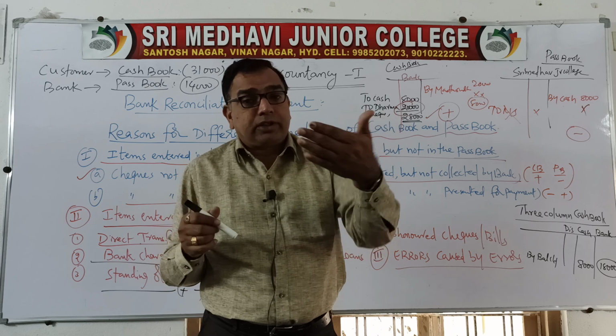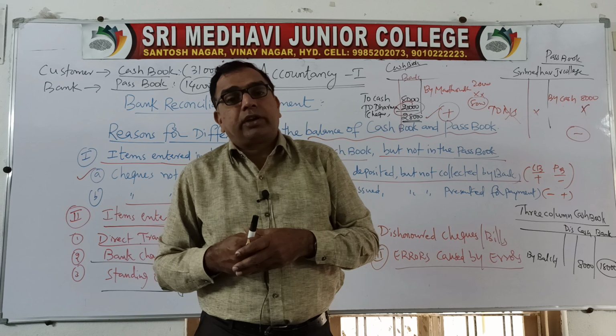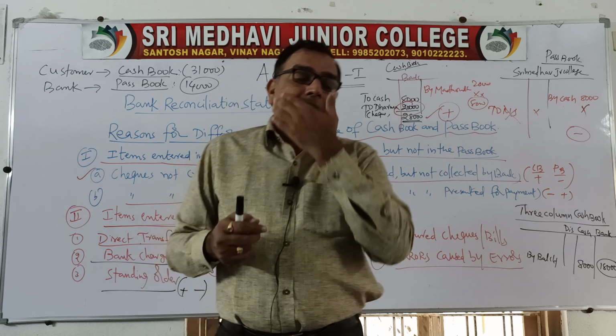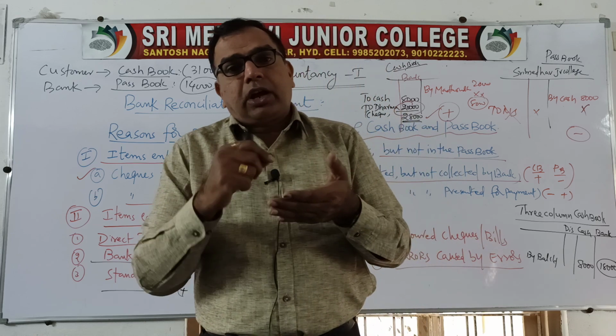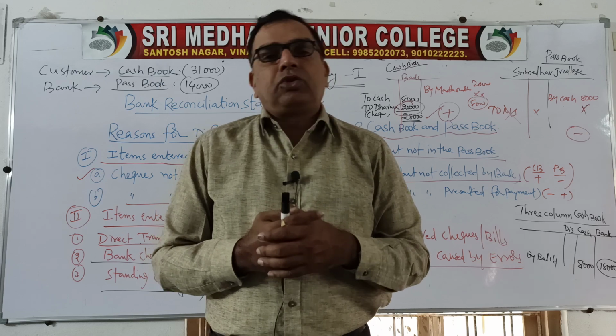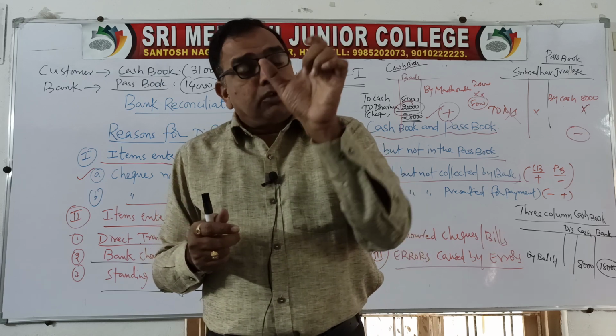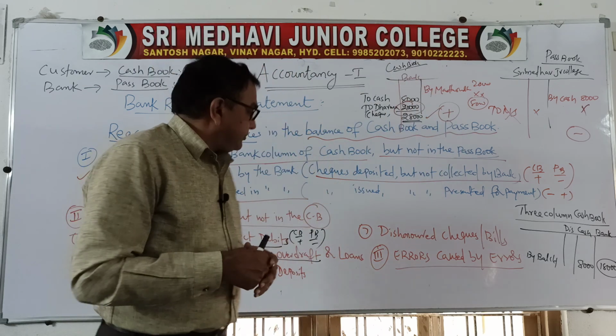I told you many times, without having the record, without having the proof, you cannot make entries into your accounting records. Unless we receive a notice from the bank that your account is credited with so and so amount of interest, we cannot make an entry into our cash book. So your passbook will show more balance and cash book will show less balance.